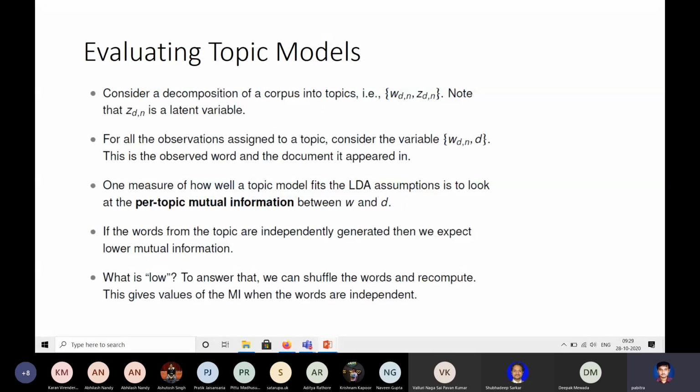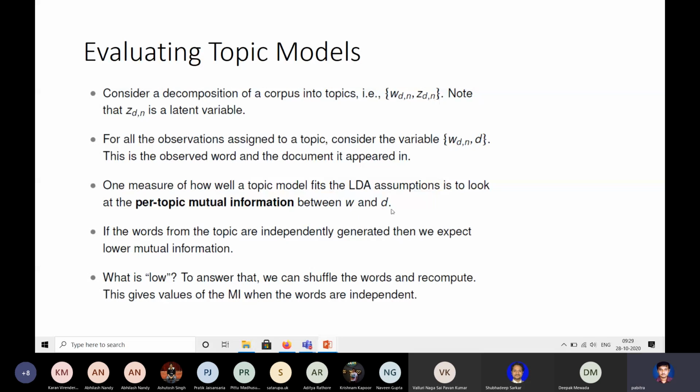There is another important topic that I'm not talking about, which is how do you evaluate? Given those two matrices, document-topic and topic-word, how do you know it is a good topic assignment? There are many measures. One way is something called perplexity, or the mutual information between the word and a document.